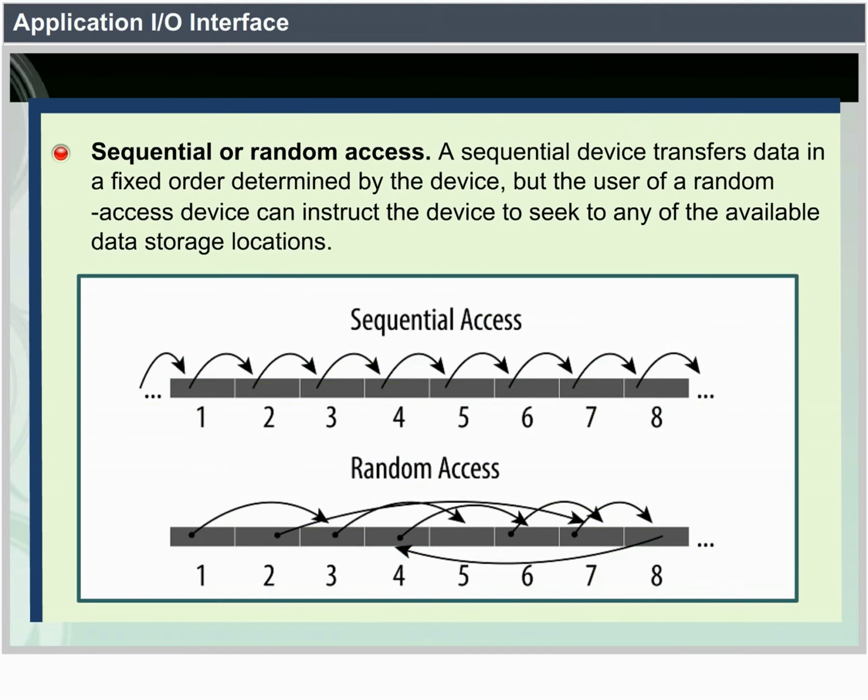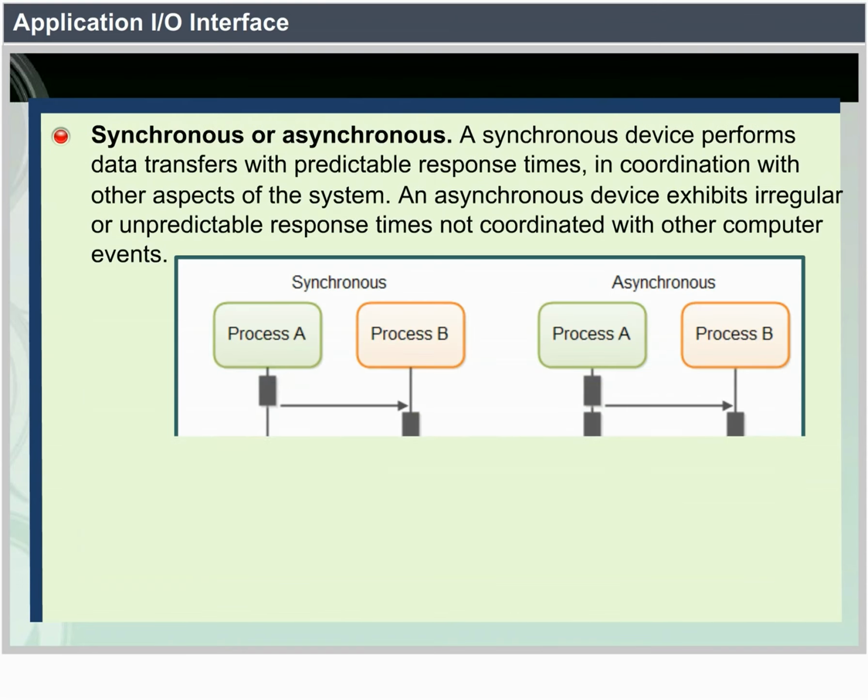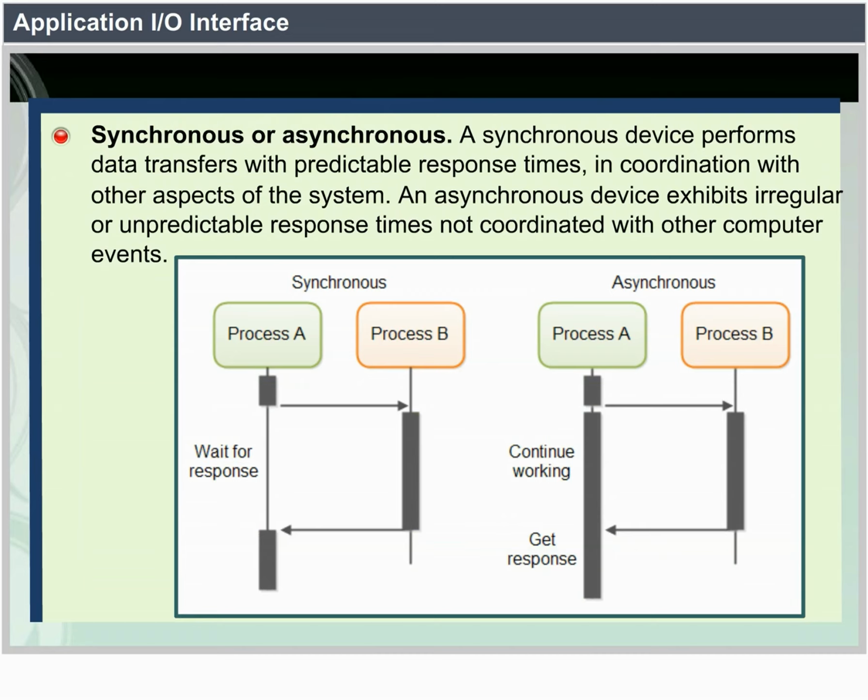Sequential or random access. A sequential device transfers data in a fixed order determined by the device, whereas the user of a random access device can instruct the device to seek to any of the available data storage locations. Synchronous or asynchronous. A synchronous device performs data transfers with predictable response times in coordination with other aspects of the system.